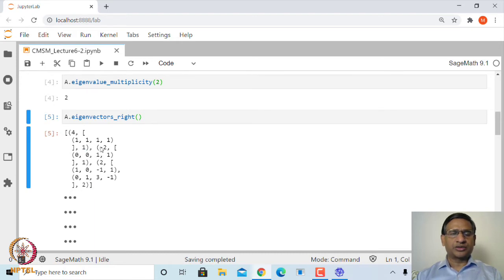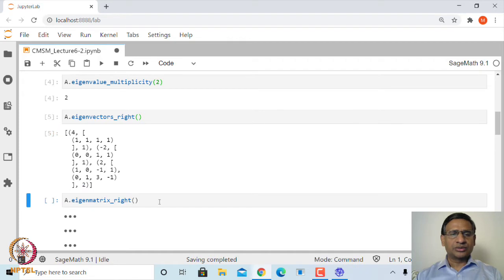The eigenvector with respect to eigenvalue minus 2 is 0 0 1 1, and that is also of multiplicity 1. And there are two eigenvectors with respect to eigenvalue 2, namely 1 0 minus 1 1 and 0 1 3 minus 1, and this is of multiplicity 2.